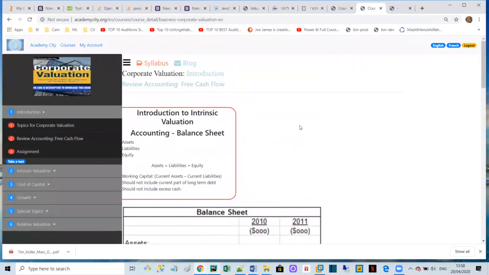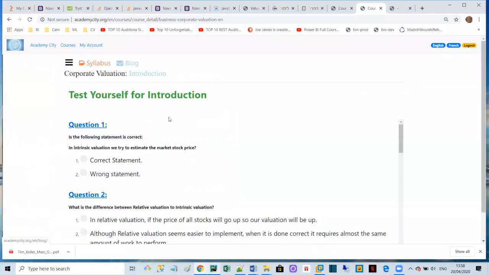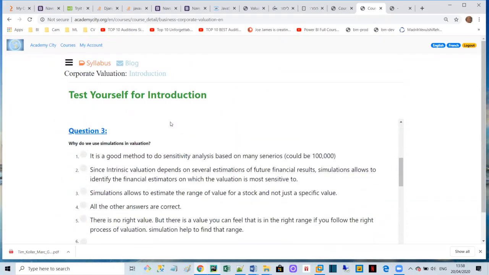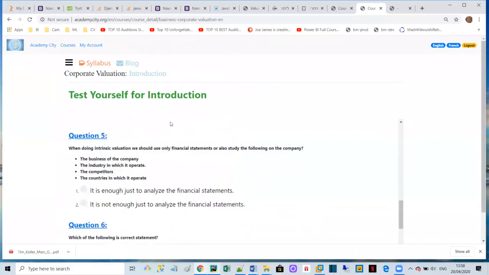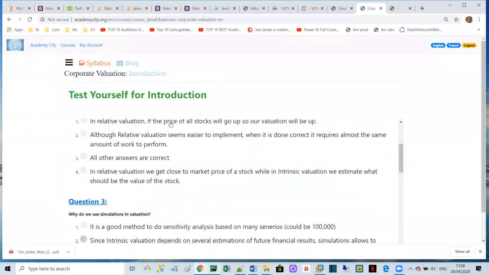By the way, when you finish reading, I will ask you to read some material. You want to take a test, you click over here. This is an excellent way to study the material or review the material, and also excellent to prepare for the exam, okay? And I will add more questions as we go along.